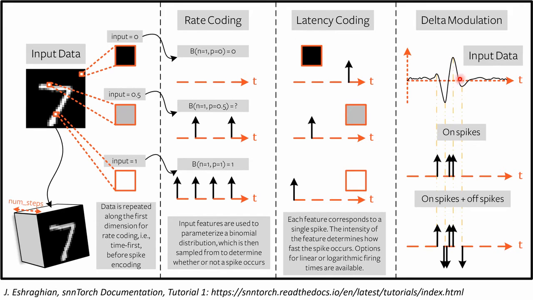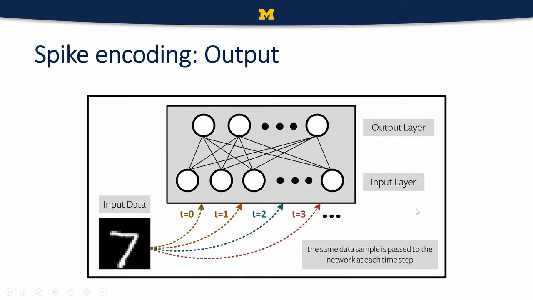And likewise here. And if you so wish, you could have off spikes, and this takes inspiration from the way the dynamic vision sensor or the silicon retina camera works, where it's all about generating events from changes in luminance. Okay? So with all of that being said, that's what I want to say about the input.